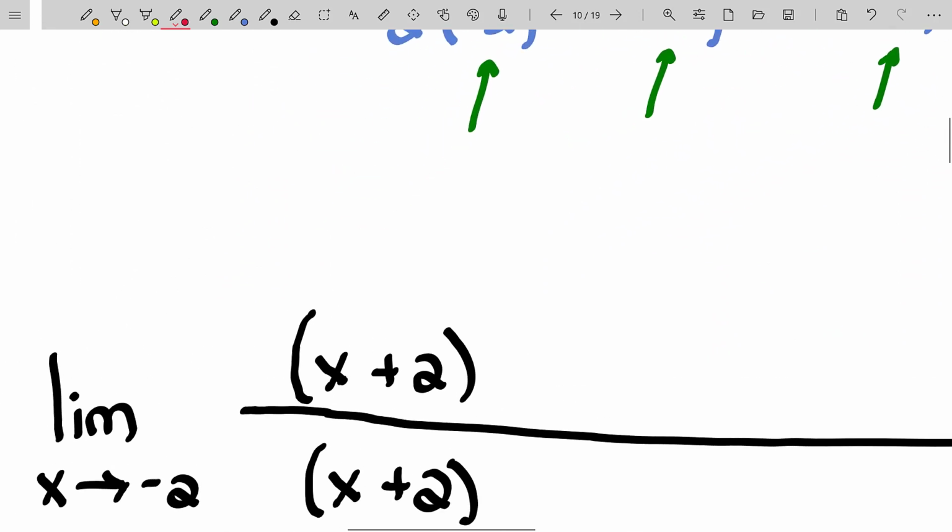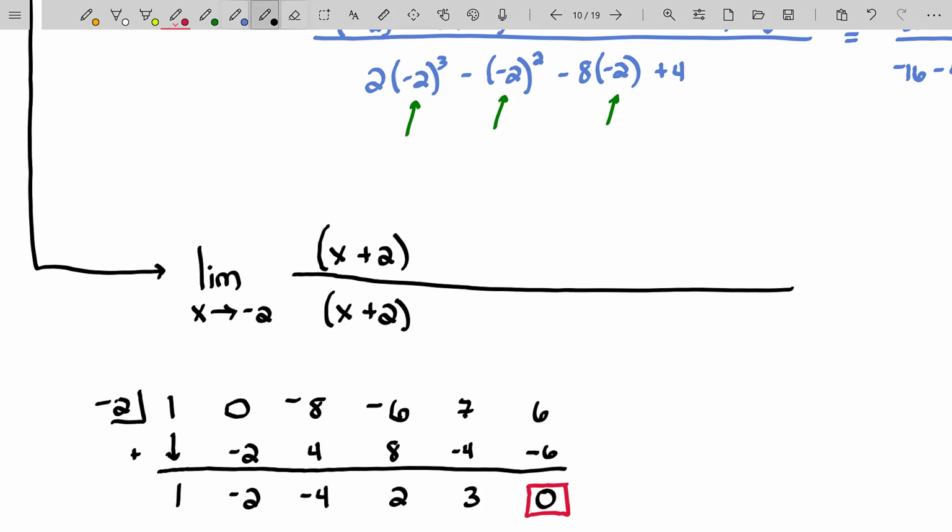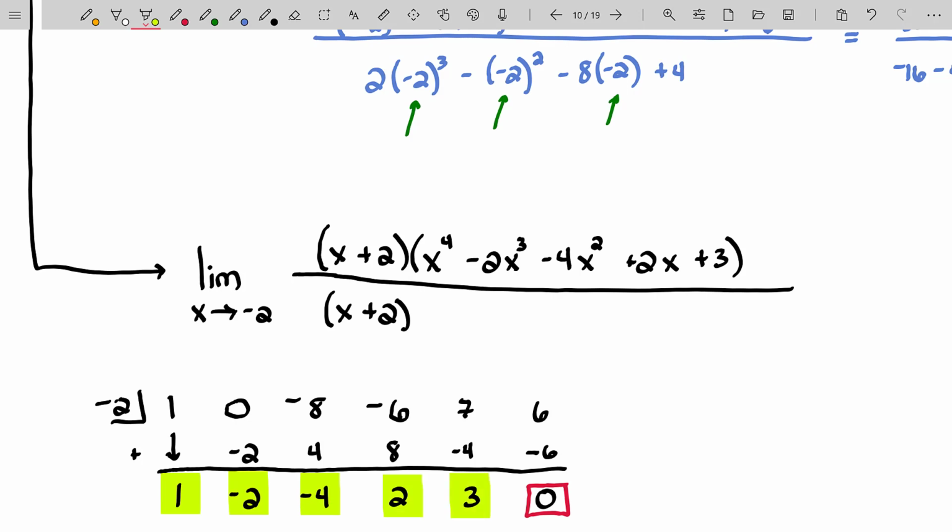X minus negative 2, which is x plus 2, times the quantity 1x to the 4th minus 2x to the 3rd minus 4x squared plus 2x plus 3. You can see where I'm stealing these numbers from, hopefully: 1, negative 2, negative 4, 2, and 3.